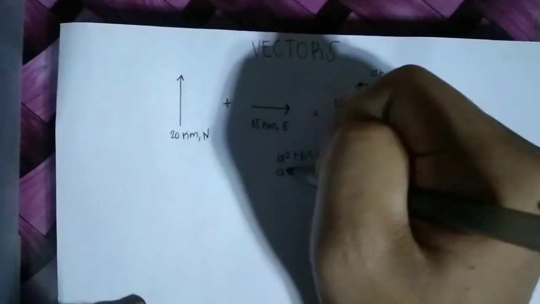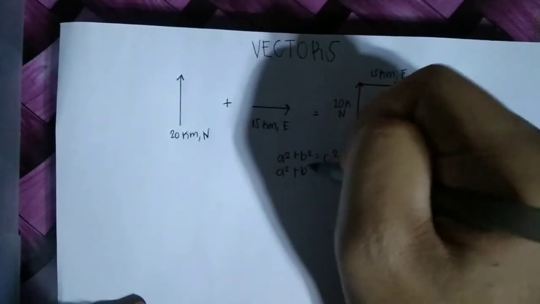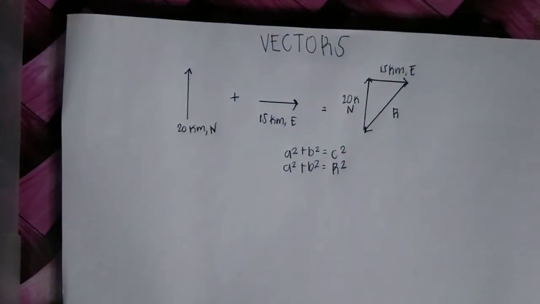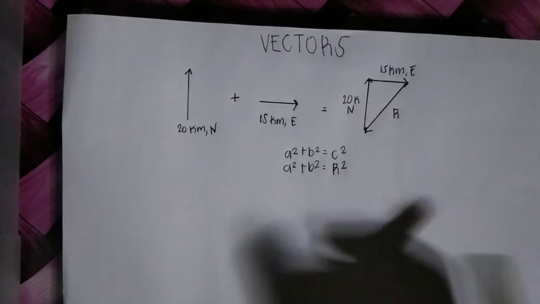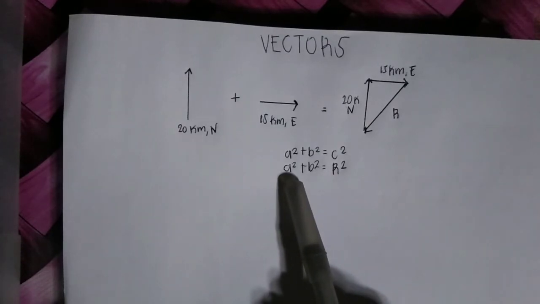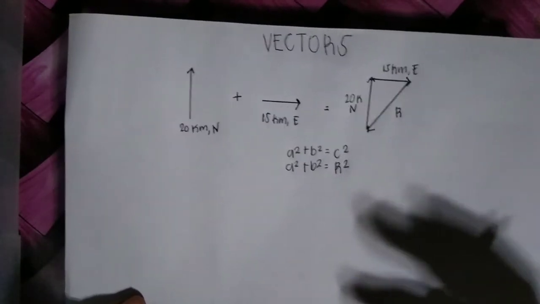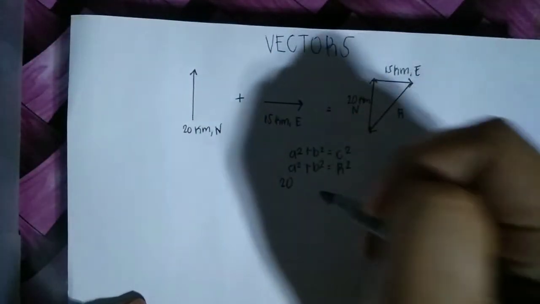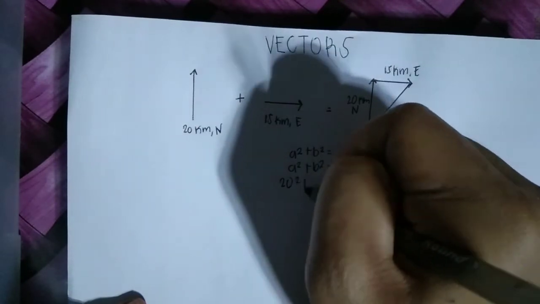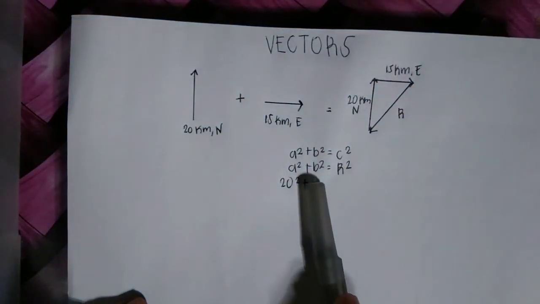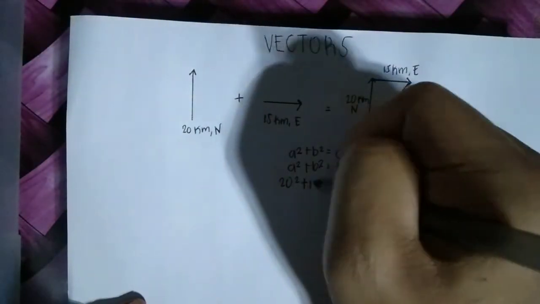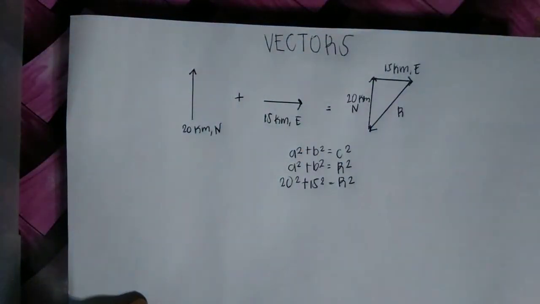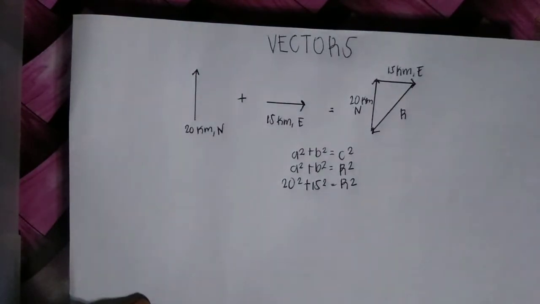So it will be a squared plus b squared is equal to r squared. And now we can substitute the given. We have a squared, which is 20 kilometers squared, plus b squared, or 15 kilometers squared, is equal to r squared.